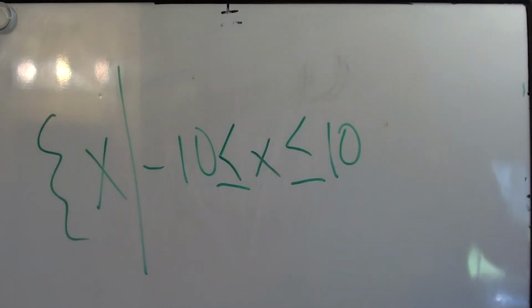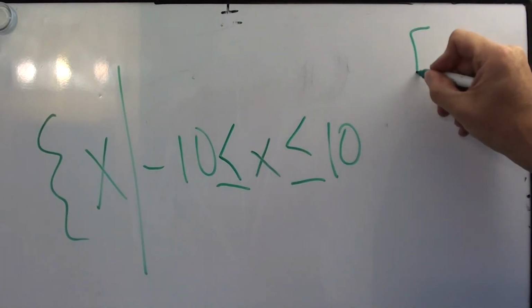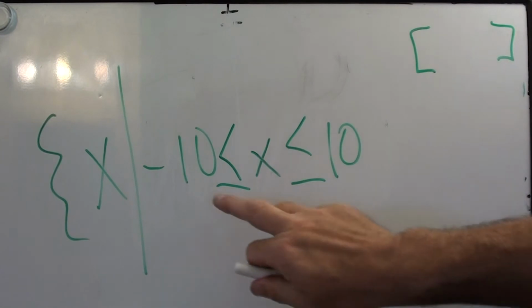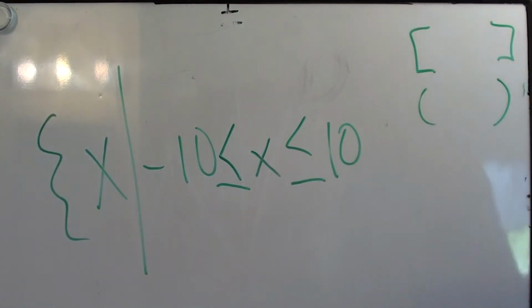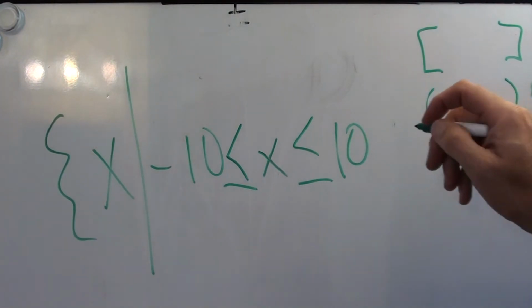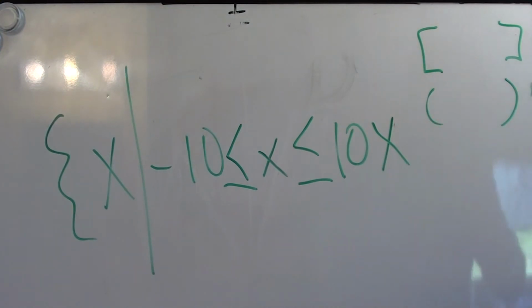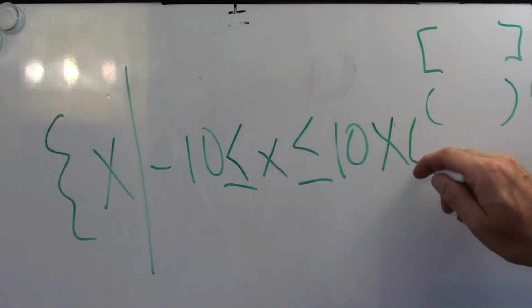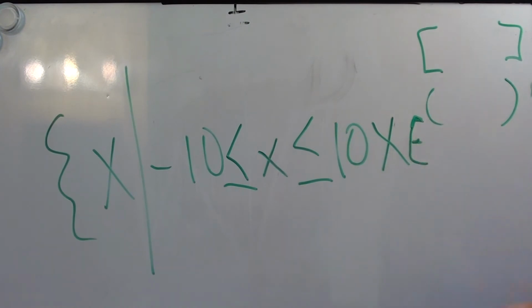Okay, now when we see this line underneath, it's just like having a bracket. If we didn't have that line underneath on both of these, we would use the curved brackets. Alright, to finish this out, we're looking at x, and then, I'm sure you've seen this symbol, it almost looks like an E. You've seen that before?